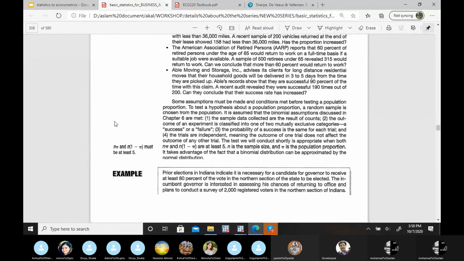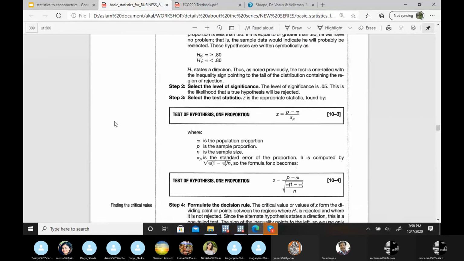For proportions, the formula is this one: the population proportion, this is the sample proportion, divided by the standard deviation for the population proportion. This proportion test is with the Z only so far. The t-distribution is not for the proportion test. So far you have only one option: the proportion test is with the Z only, not with the T.